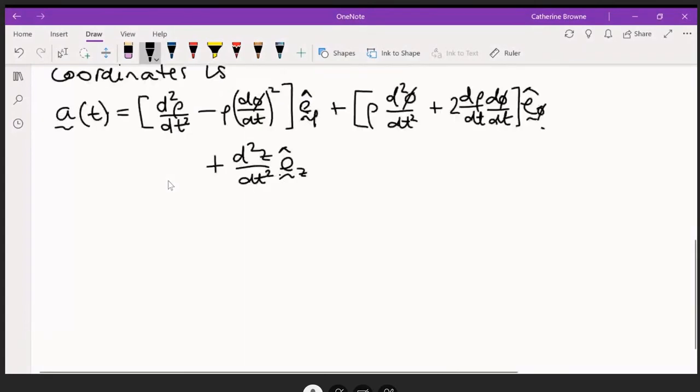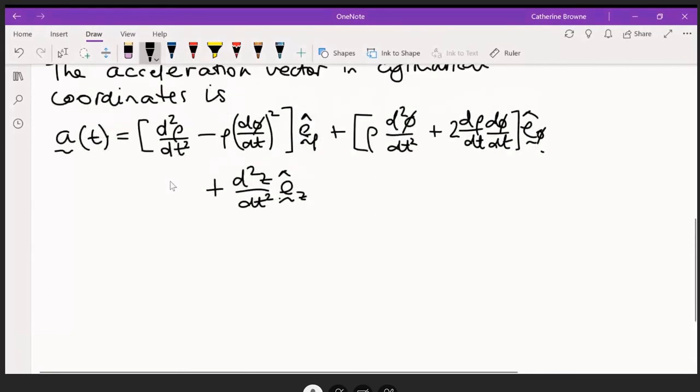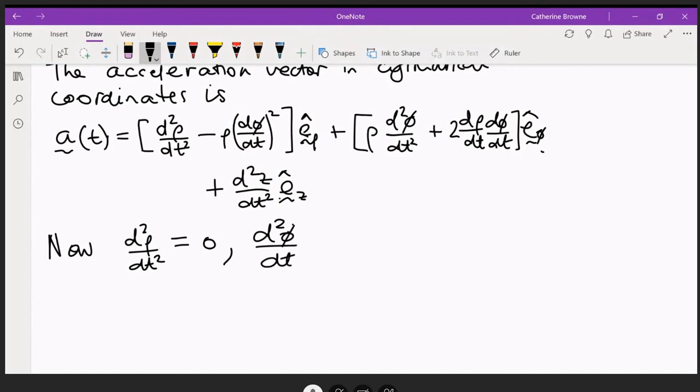And so, again, we just have to find the relevant derivatives and then substitute into that formula. The second derivative of rho: the first derivative was 0, so it's still 0. The first derivative of phi was 1, so now when we differentiate that, we get 0.